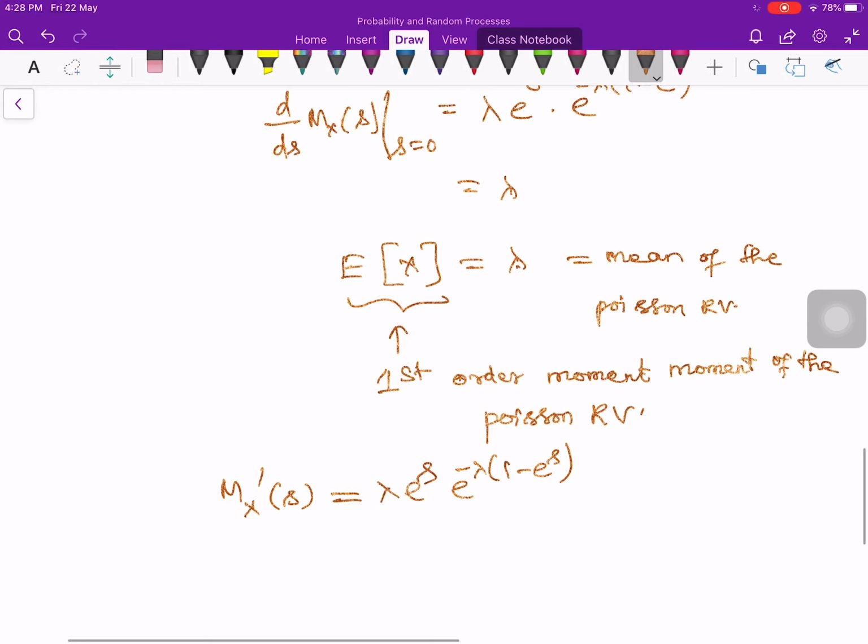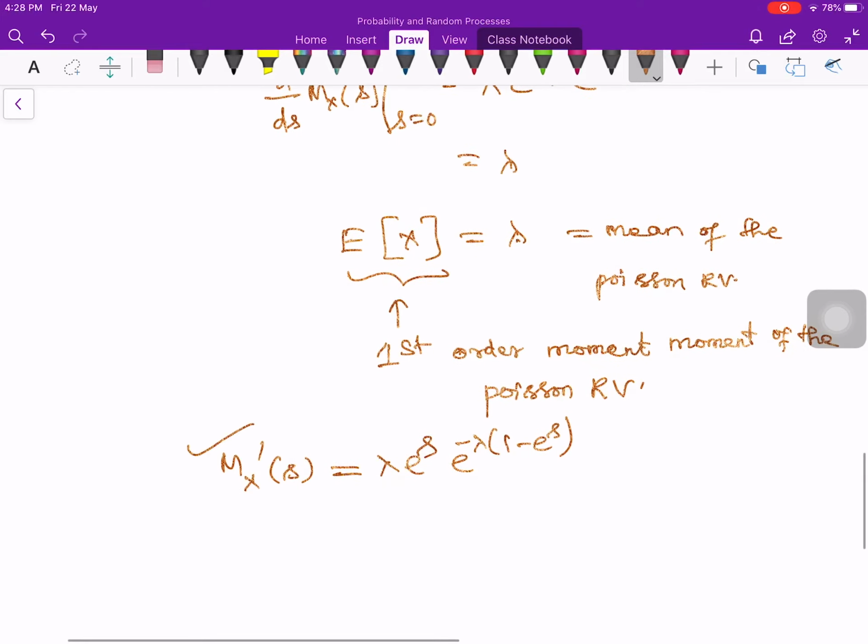So this is the first order derivative. Now differentiate one more time, because we need the second order moment to compute the variance. So let us find the second order moment. We already know this first order moment, so take the derivative once more, and you will end up with the second order moment.